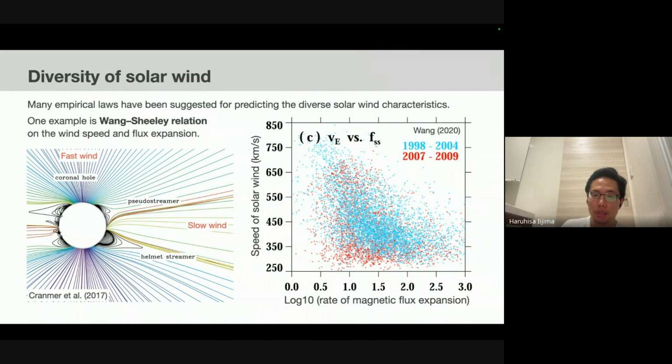Observationally, this is expressed as in the right figure. The horizontal axis is the logarithm of the rate of the magnetic flux expansion, so the expansion rate from the solar surface into space. And the vertical axis is the speed of the solar wind. And we have a weak but robust anti-correlation between these two parameters.